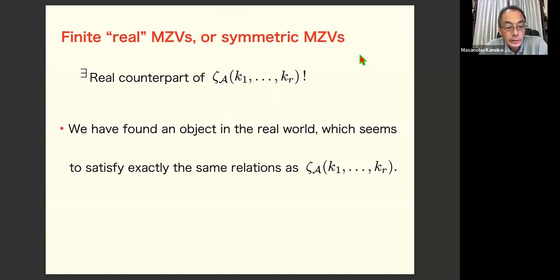We have found an object in the real world which seems to satisfy exactly the same relations as finite MZVs. Finite MZVs live in a ring A, which is a direct product of finite fields modulo the finite direct sum, right? So it is a totally different world from the real numbers.